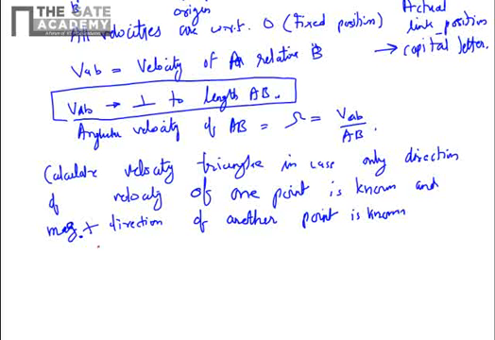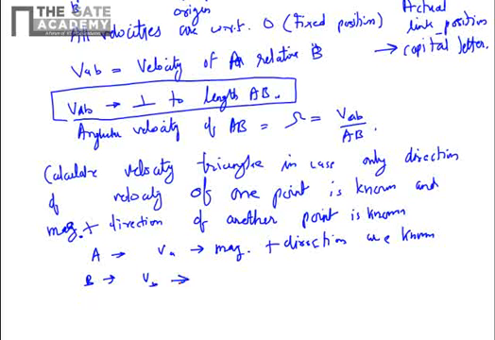So let's say for this example, A and B can be any general points. For A, VA magnitude and direction both are known, and for point B, only the direction of VB is known, the magnitude is not known. Then also we can construct the velocity triangle.